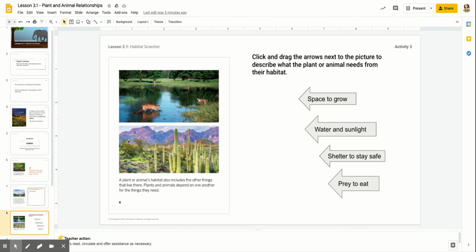So plants and animals depend on one another for the things they need. If you look at this picture, you can see that two animals are in this picture, and one looks like he needs water, and one looks like he needs food. So think about that and look at these four arrows and click and drag them next to the picture that you think they belong to.